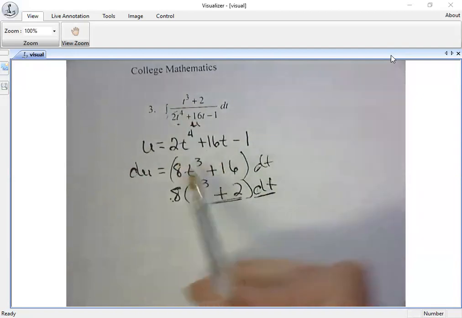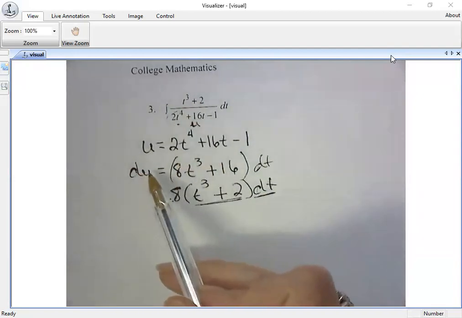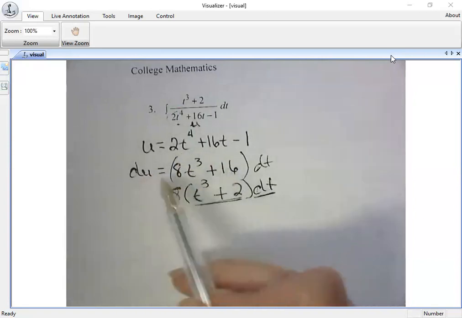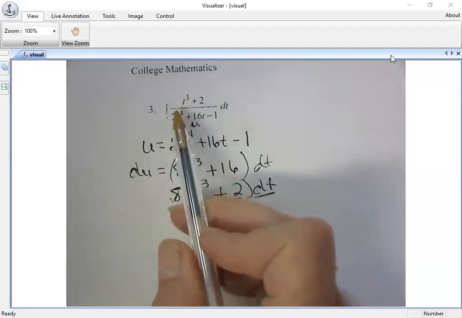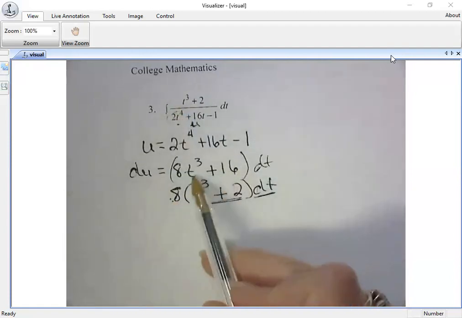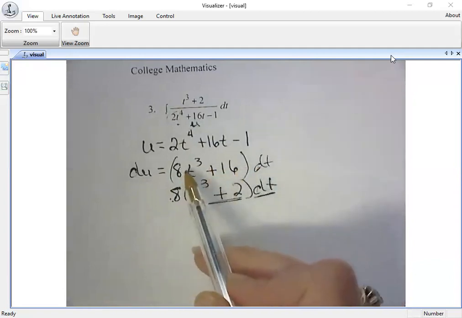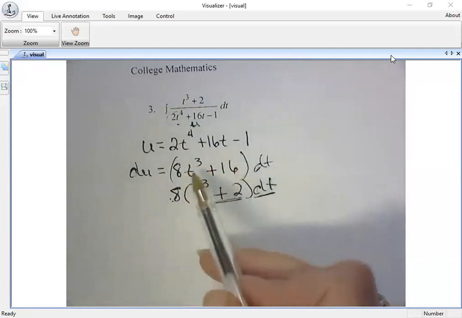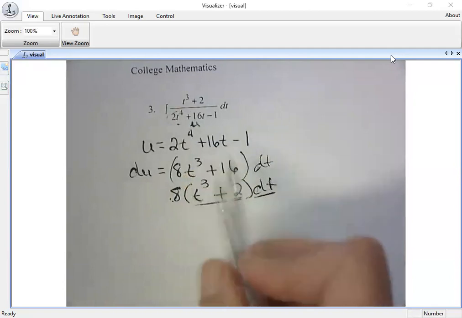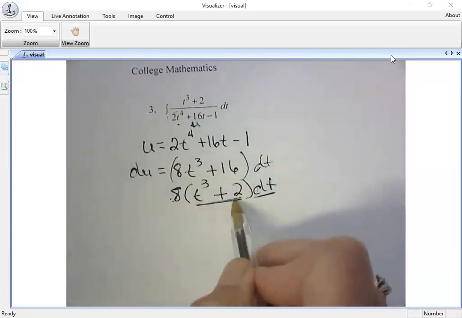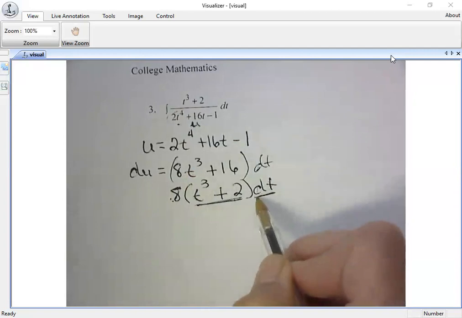And then now the only extra thing that's new is when we found the du, this had primarily what I was looking for. I could definitely see I had the variable to the right exponent, but I had to recognize to factor out this common factor so that I could see I have the t cubed plus 2. I have my dt.